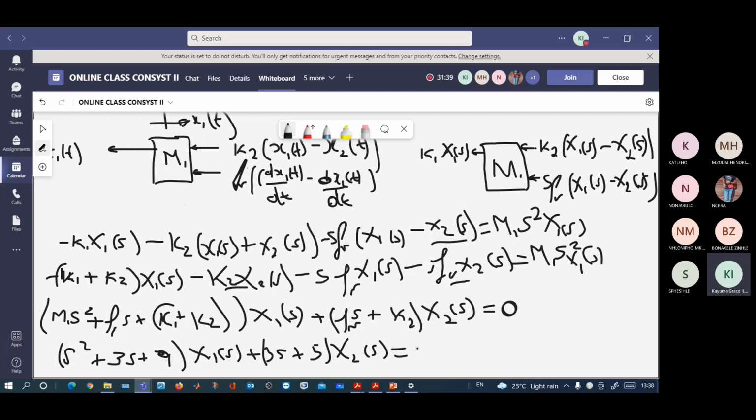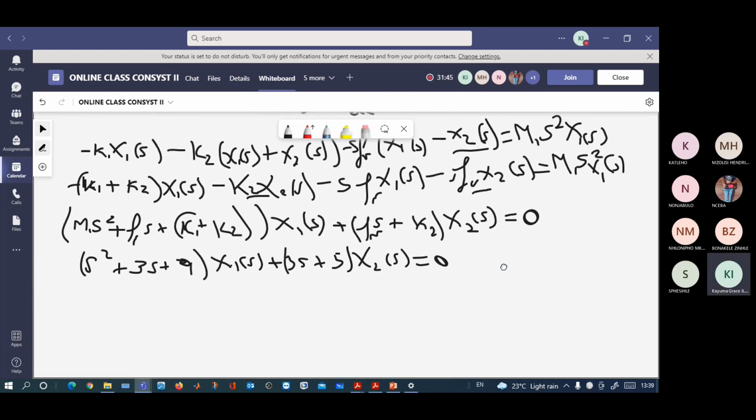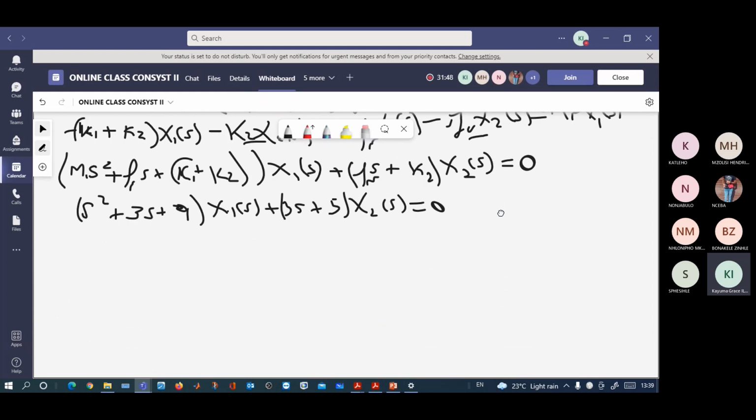This is equal to 0. Okay, good. Let's call this equation number 1, because we need it again.